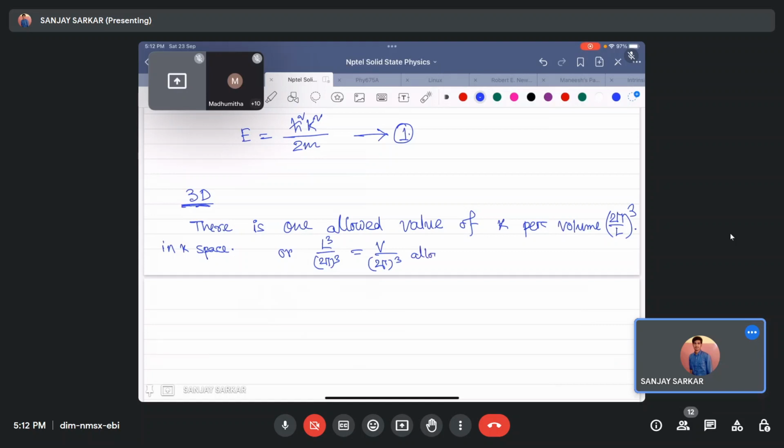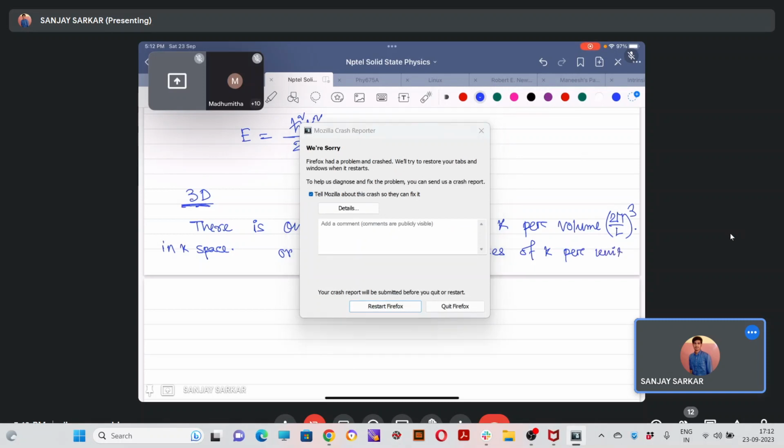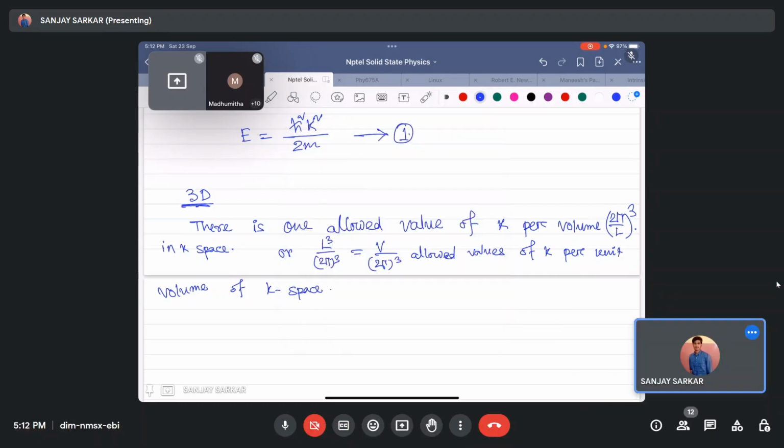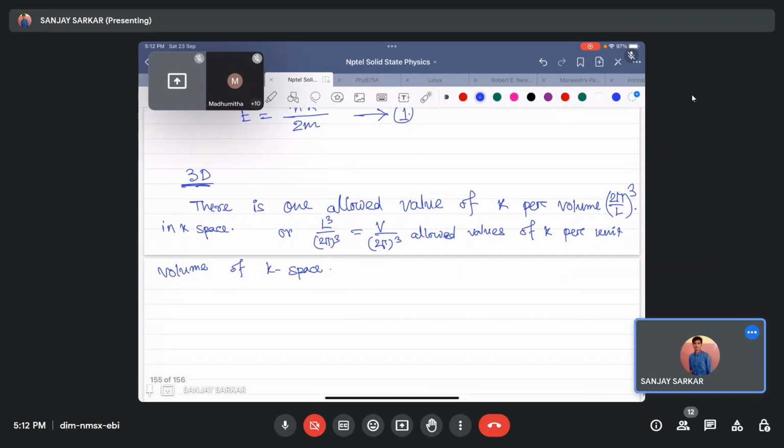So there is one allowed value of K per volume (2 pi by L) cube, and the number of allowed values of K per unit volume of the K space will be the reciprocal of this, that is L cube by (2 pi) cube, that is V by (2 pi) cube.